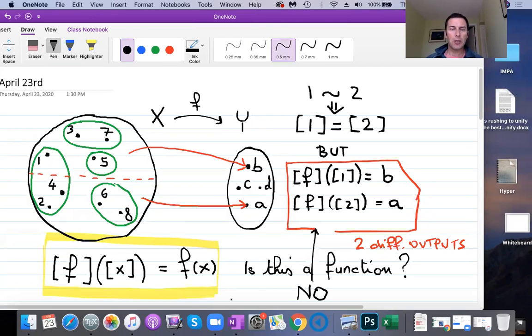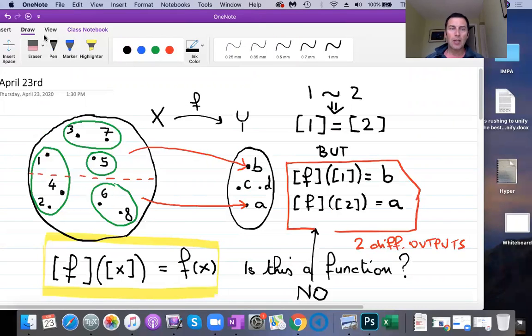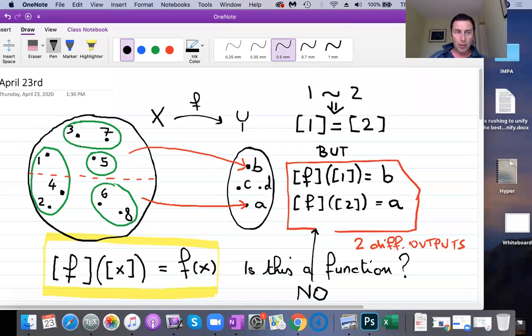So the difference between what we did before and what we're doing here is this. In the earlier example, we created an equivalence relation from the function f. I did not give you an equivalence relation a priori. I said, here's a function f, now use f to create an equivalence relation on x by taking the equivalence classes to be the inverse images of the singletons of y. In this example here, the green sets are an equivalence relation on x that is born before the function f.